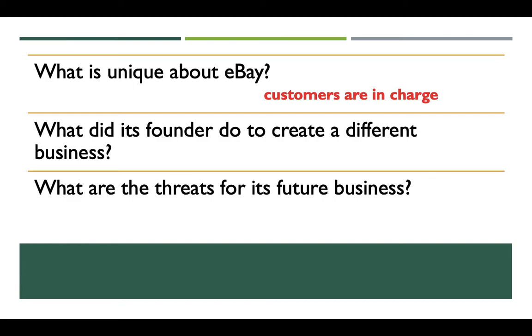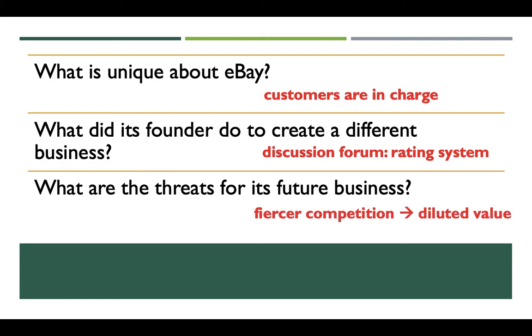These are all online auction sites. So the competition becomes fiercer, and eBay is worried that its value might be diluted. Do you still remember the word diluted? It means to make something weaker, or to weaken. Okay, that's it for the review.